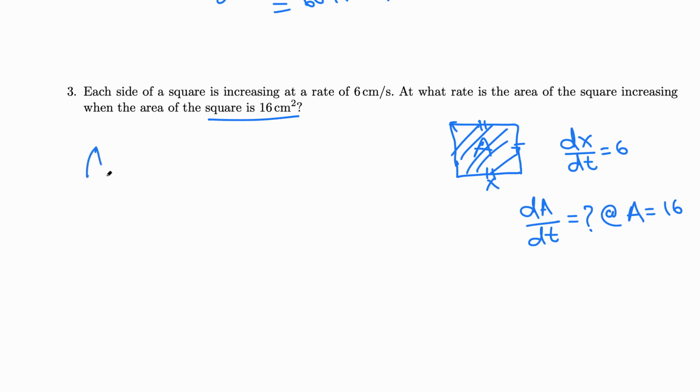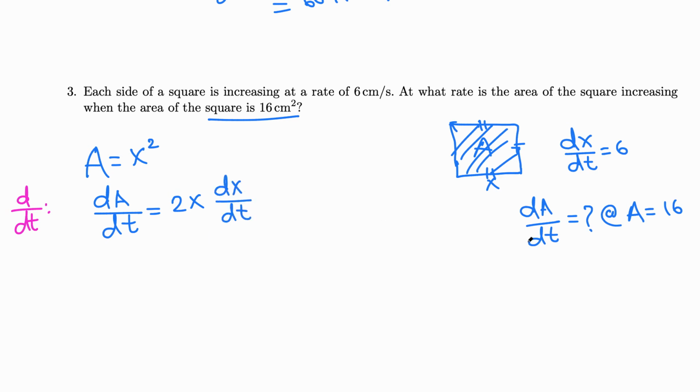We know the area formula is length times width. In a square, length and width are the same, so just x squared. Now we differentiate both sides with respect to time to determine the rate. That gives dA over dt. Our derivative is 2x times x prime from the chain rule, which is dx over dt.